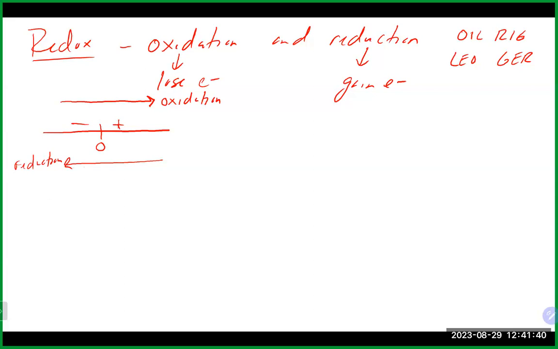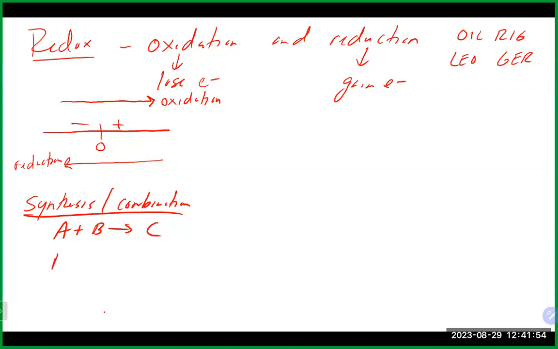This is where you find your synthesis reactions, sometimes referred to as a combination reaction, where basically 2 things come together to make one. So like sodium plus some chlorine makes some sodium chloride. A little balancing action would be good.